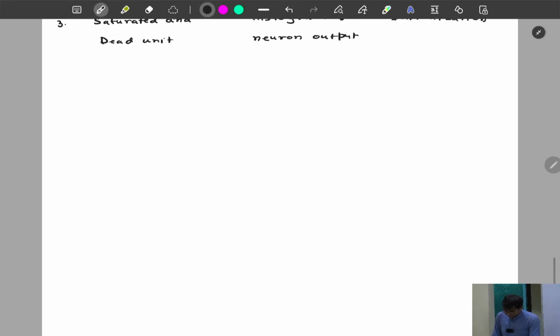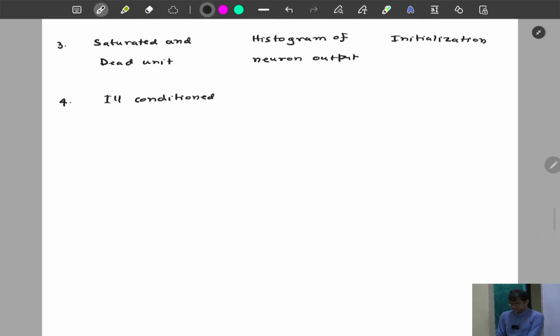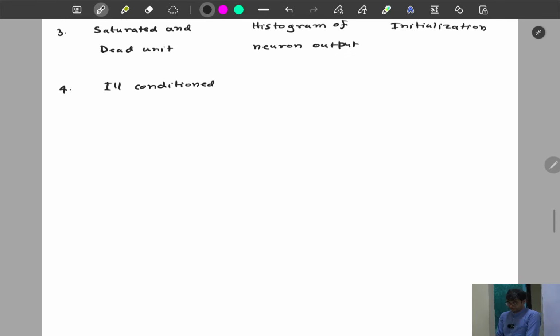And the last one is obviously that the data is ill conditioned. How do you check it? Again, it is very hard to check, because you have so many layers, and at each layer you have to check, because you don't know.